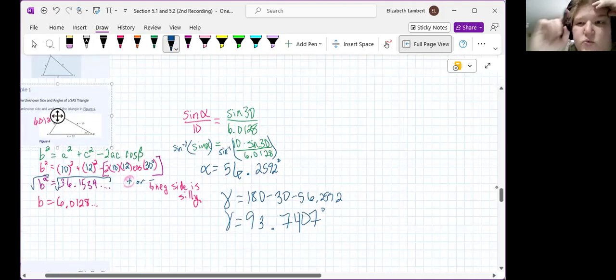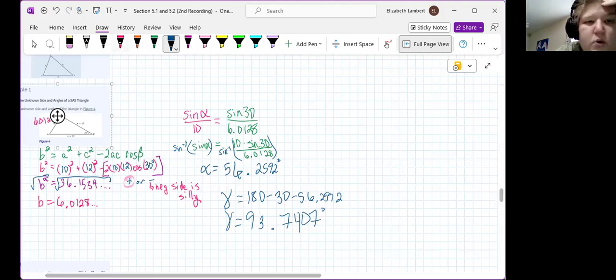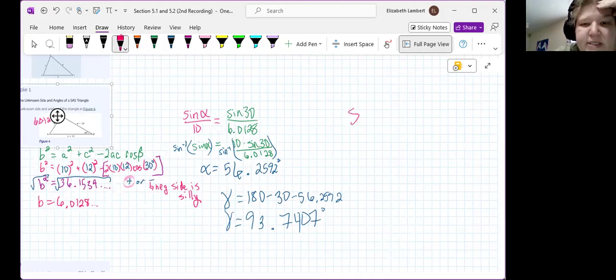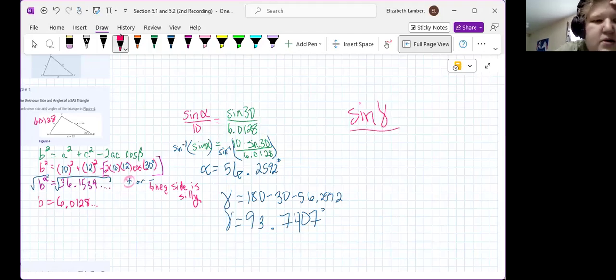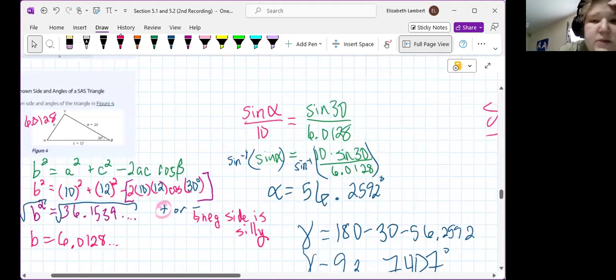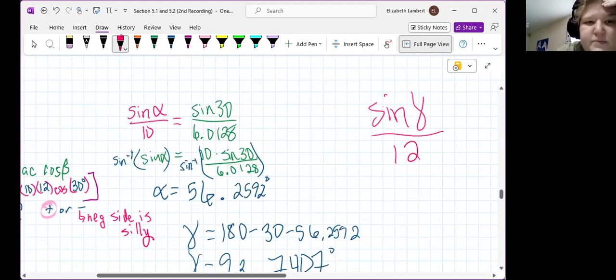Now, just real quick, I want to show you what would have happened if we did the sine of gamma, which side C was 12.